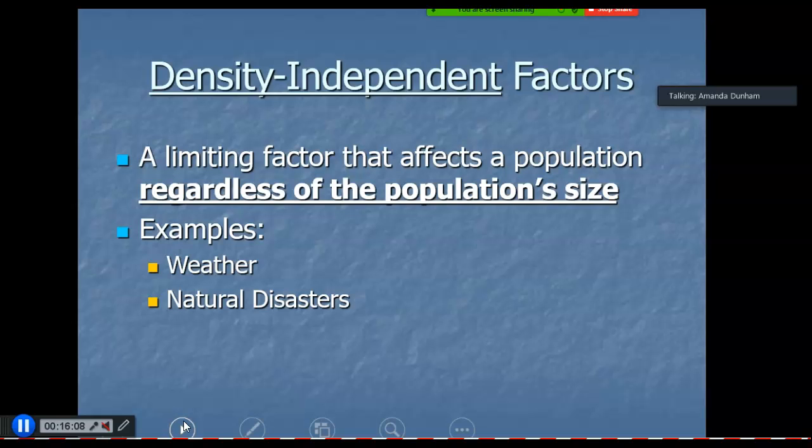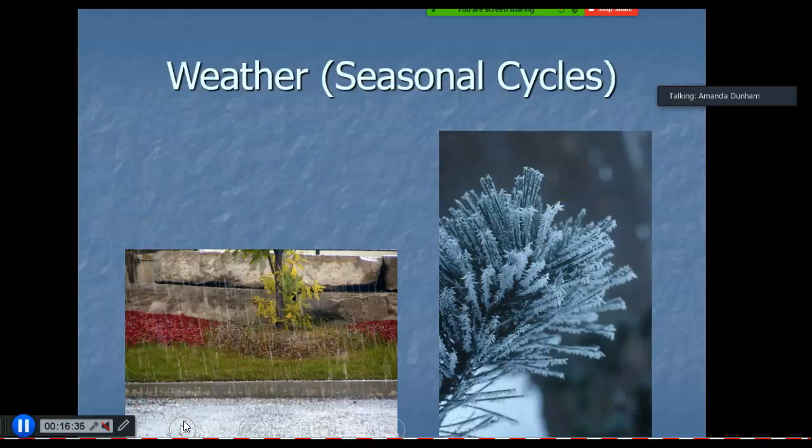Tornadoes are another example. It doesn't matter if it's some small town in Kansas; it's going to do what it's going to do, regardless of that population size. Same thing with weather. Weather cycles aren't dependent on population sizes.